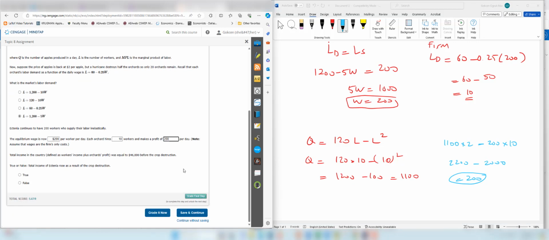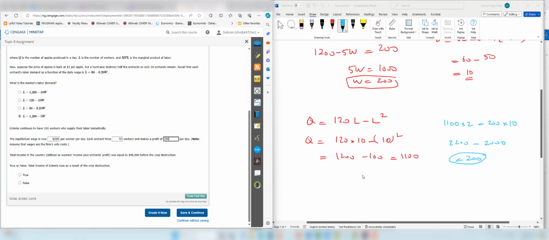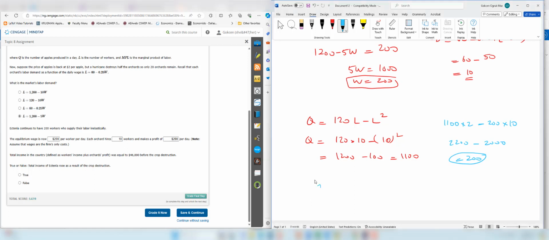And now the last question: total income in the country was equal to $46,000 before the crop destruction. What happens after crop destruction? Does it increase or decrease? Let's first calculate the income of the orchards. $200 profit times 20 of them is equal to 4,000.